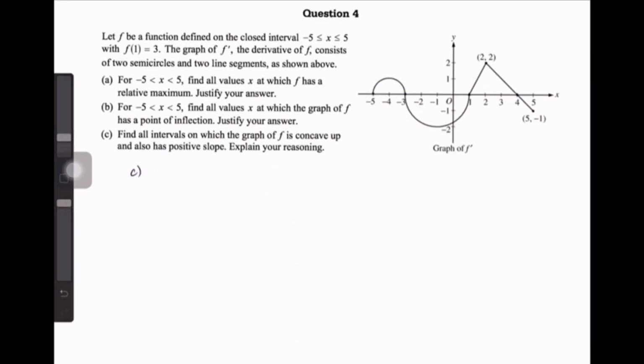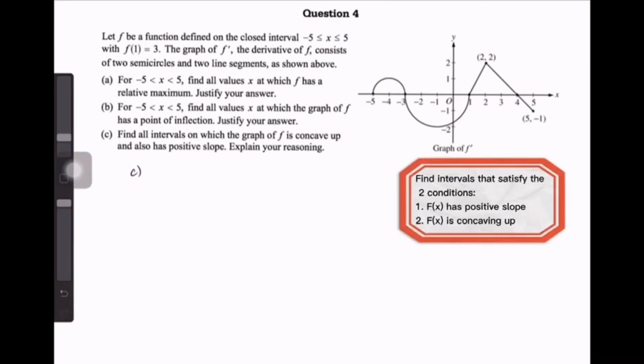Part C. Keep in mind that for part C, we need to find the interval that satisfies two conditions. Okay, so first, positive slope simply means the first derivative is positive. By looking at the graph, the first derivative is positive from the interval -5 to -3 and from the interval 1 to 4.